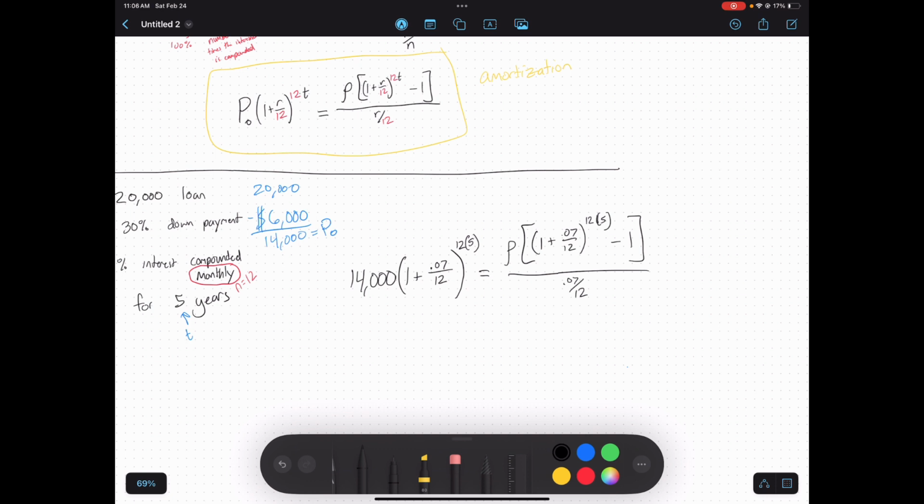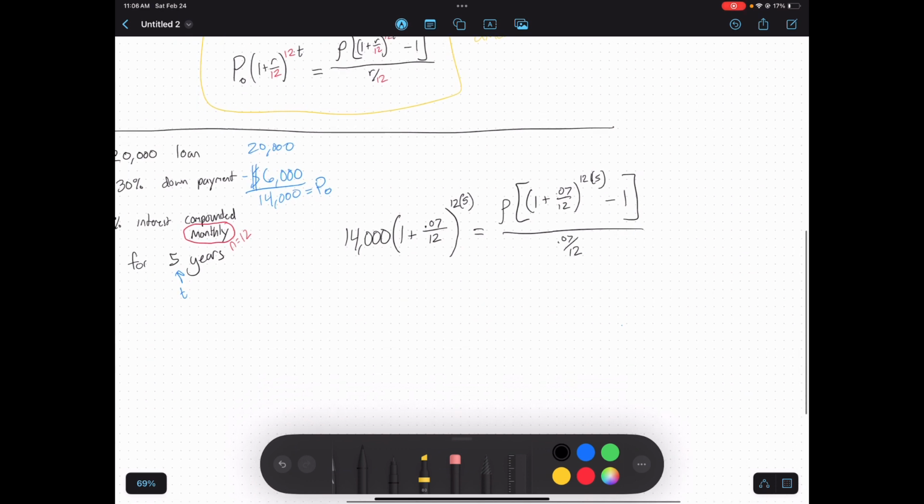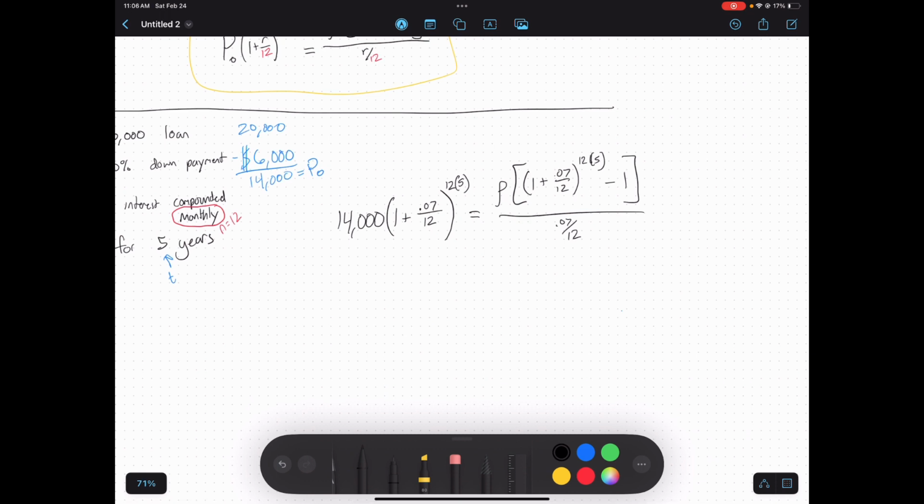Okay. I can go and start calculating this out. When I do 0.07 divided by 12, I get 0.00583 repeated. 12 times 5 is 60, equals my monthly payment times, I'm getting the same thing up here, 1.00583 repeated, raised to the 60 power, minus 1, over 0.00583 repeated, right?